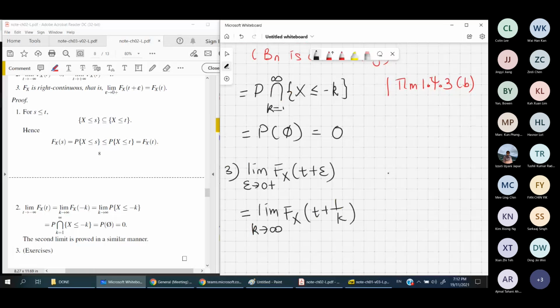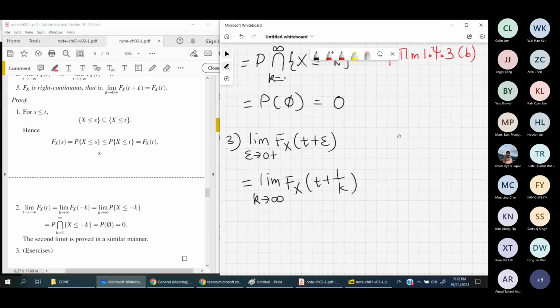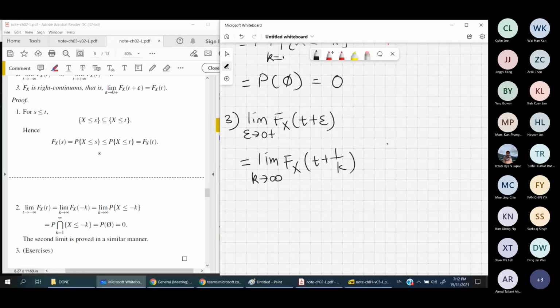Right, so when k goes to infinity, 1 over k approaches 0. So that's why we can put it this way. Next, we put in the definition of F. That will be the limit as k goes to infinity, and this part will be the probability of X less than or equal to t plus 1 over k.